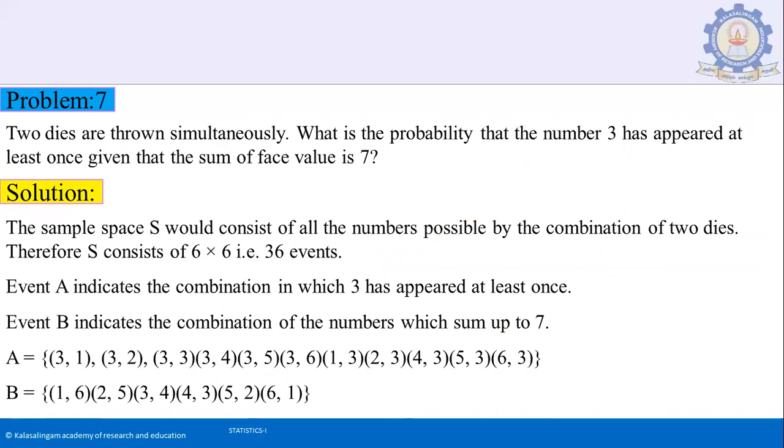Two dice are thrown simultaneously. What is the probability that the number 3 has appeared at least once, given that the sum of the face values is 7? So the sample space S consists of all the numbers possible by the combination of two dice. That is, your sample space consists of 36 elements.